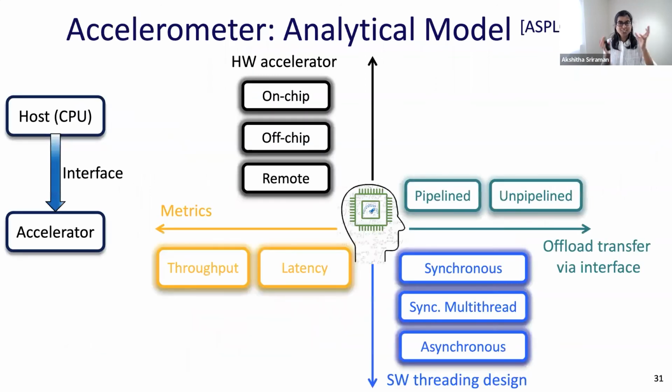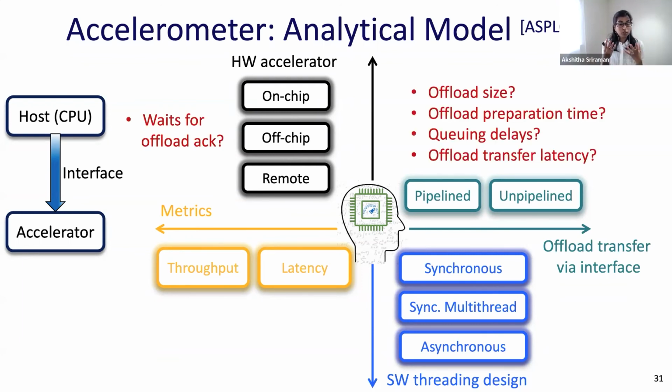That was just a simple example, but Accelerometer models various other overheads, like what if the microservice must await an acknowledgement from the accelerator, which in the case of PCIe can again add to the latency. What is the offload size?